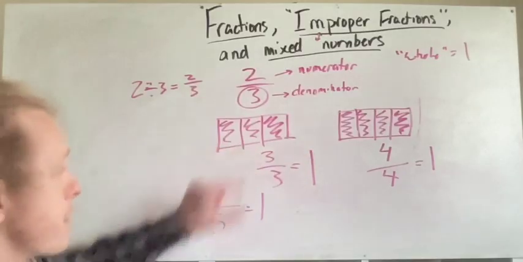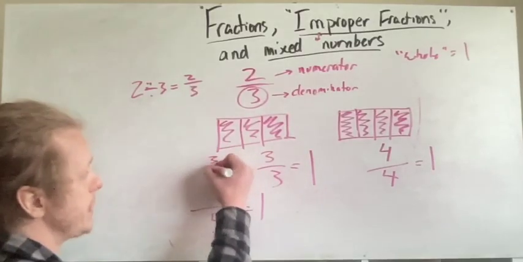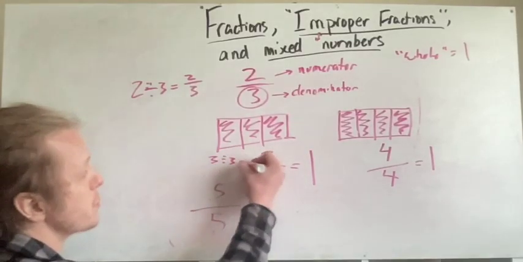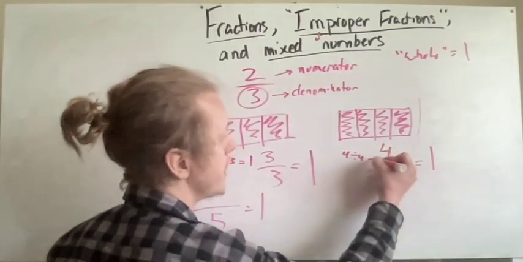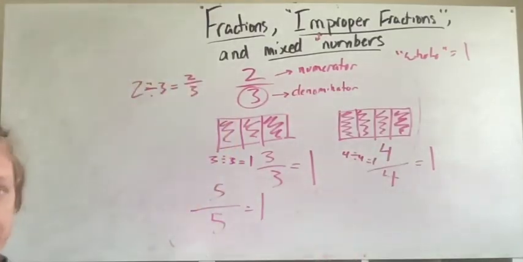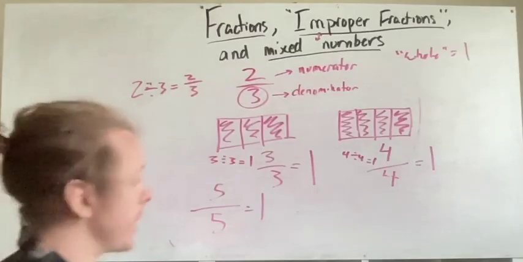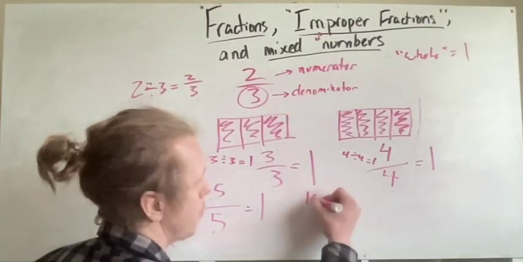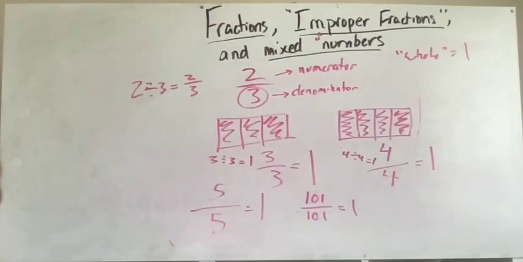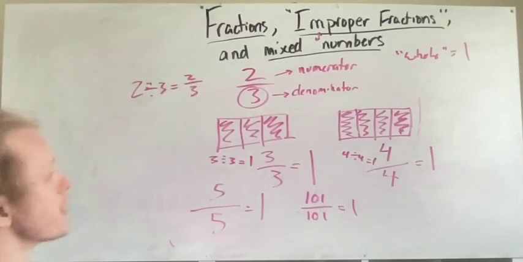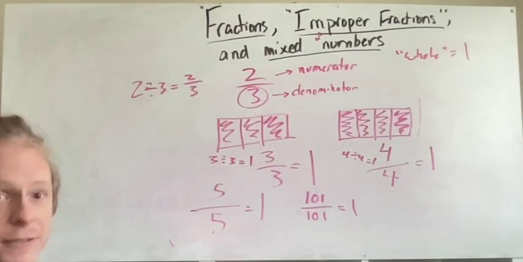Because when I see 3/3, that's really 3 divided by 3, which we know is equal to 1. And 4 divided by 4 is equal to 1. Any number divided by itself is equal to 1. So I also know then that 101 101sts would give me 1 as well. So that's an important pattern for us to recognize.